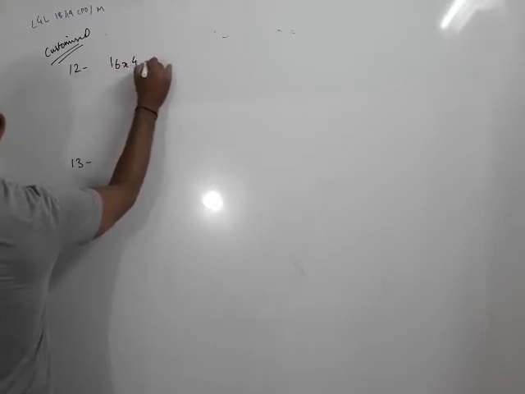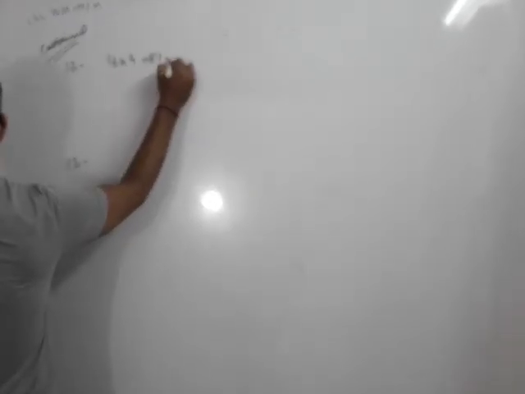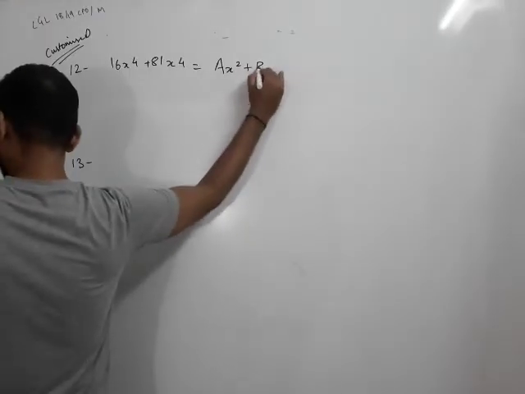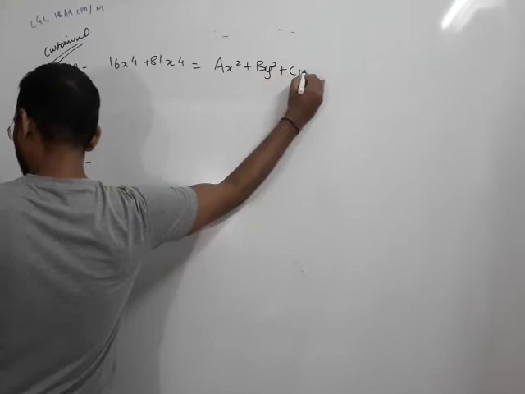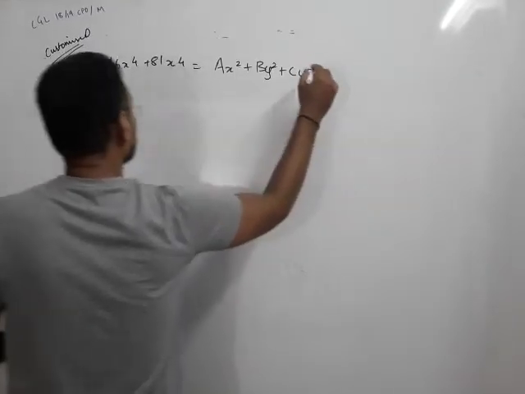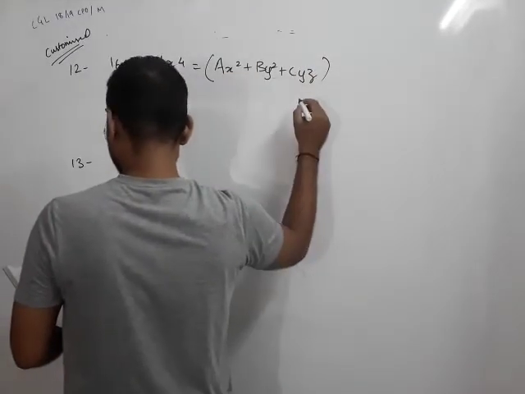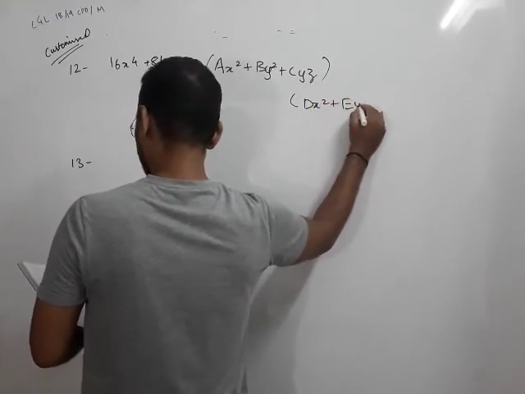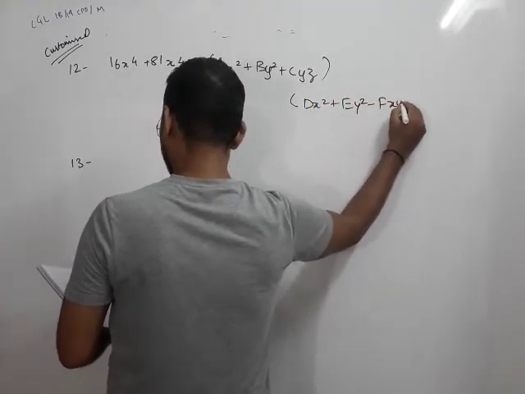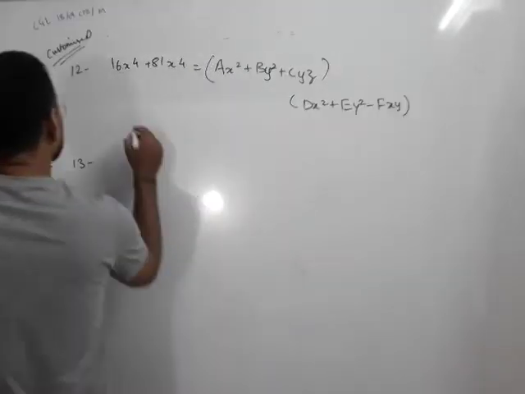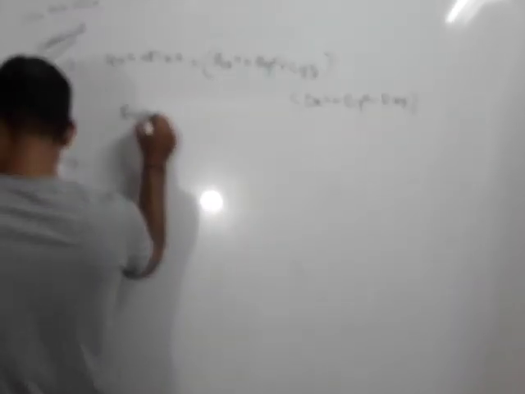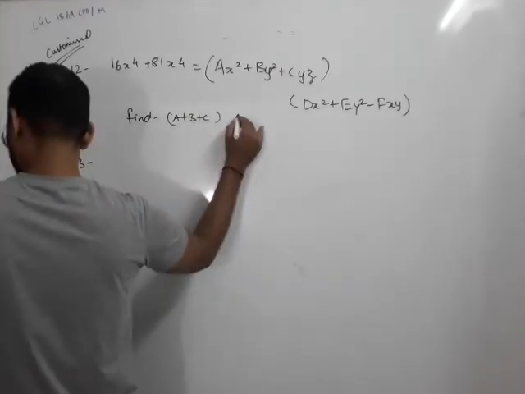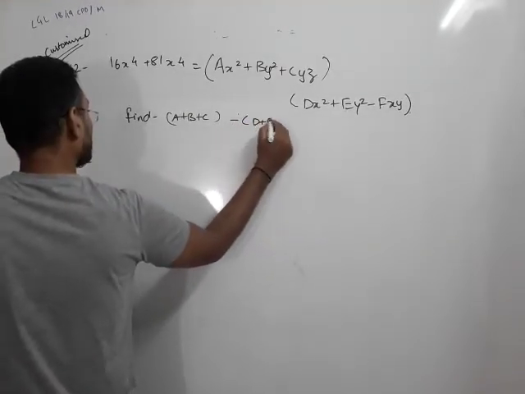16x raised to 4 plus 81y raised to 4 is (ax square plus by square plus cxy) into (dx square plus ey square minus fxy). Find a plus b plus c minus d plus e minus f.